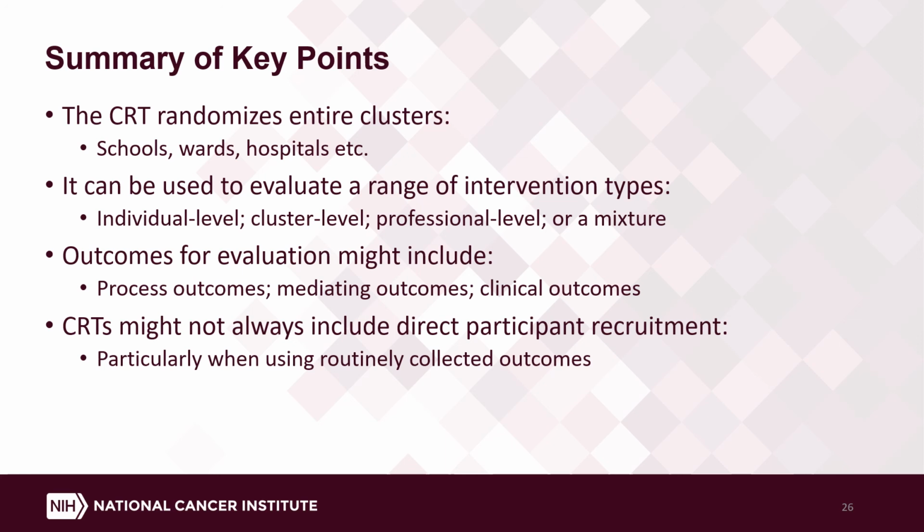Outcomes for evaluation might include process outcomes, mediating outcomes, or clinical outcomes. And finally, CRTs might not always include direct participant recruitment, and this is particularly the case when using routinely collected outcome measures.